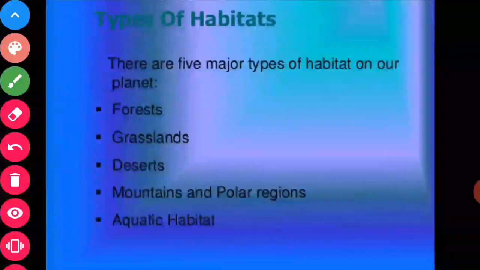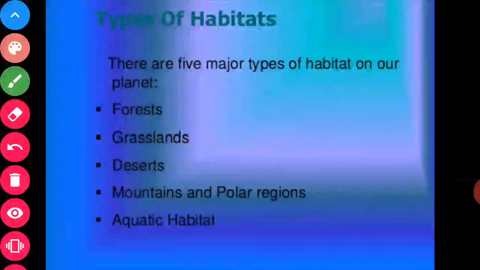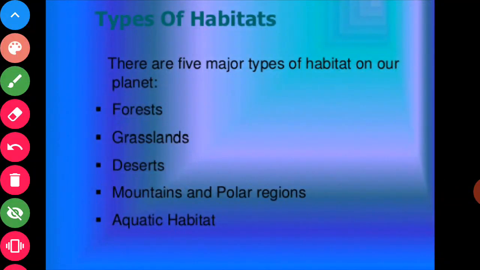Types of habitats. There are 5 major types of habitats on our planet: forests, grasslands, deserts, mountains and polar regions, and aquatic habitat.